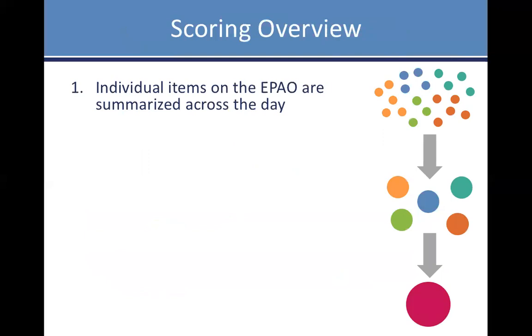How we do this is we take all of the individual items that are scored on the EPAO and we summarize them across the day. So circle time in the morning and in the afternoon, those are summed together to have the total amount of circle time that you get in a day. Same thing with outside time, same thing with the frequency of the practices and all those things. So the individual items bubble up to a day level score.